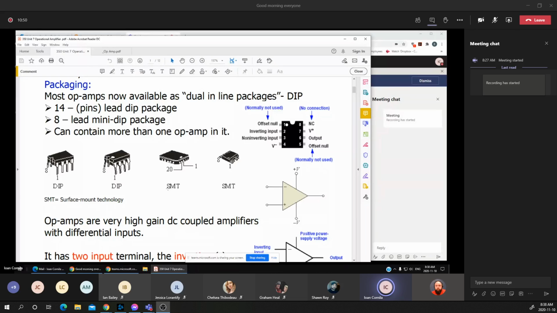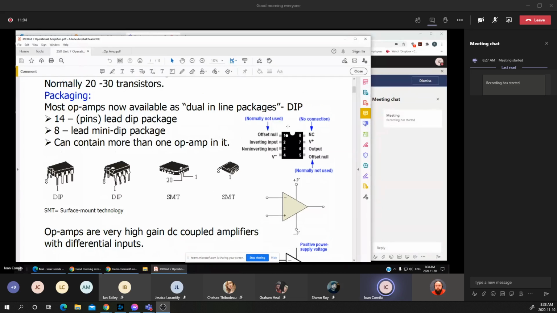SMT is surface mount technology. That's the only difference between the two abbreviations, SMT or SMD. Now, if I'm looking at the diagram of this integrated circuit, or the op amp, you notice that pin 1 is always marked.